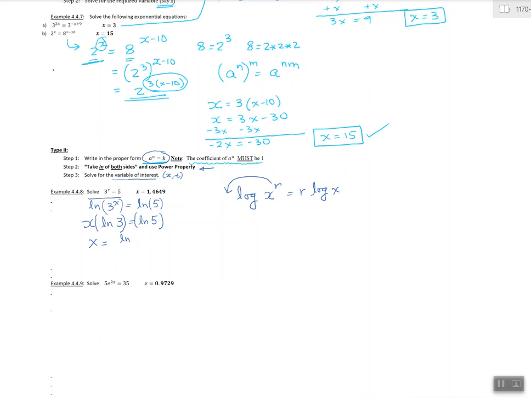So I would have ln of 5 divided by ln of 3. Now these numbers can be found by simply using your calculator.